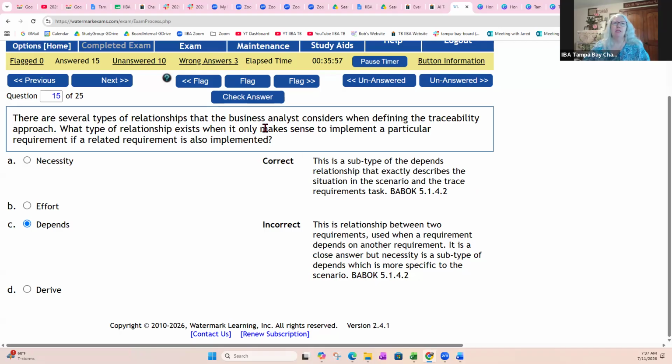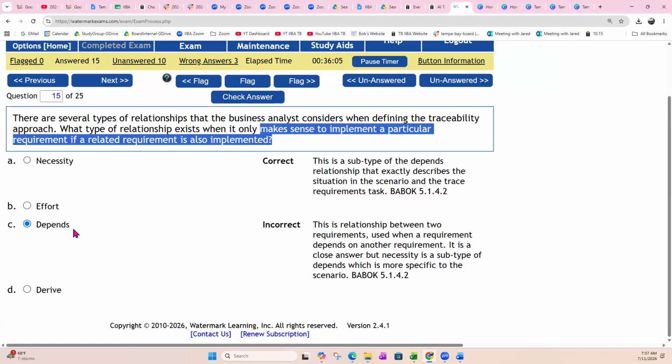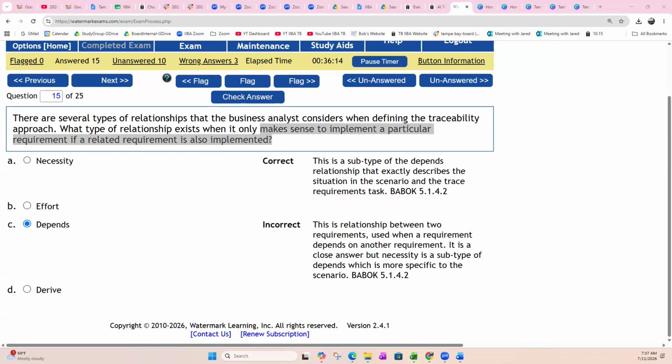So it only makes sense to implement a particular requirement if a related requirement is also implemented. So underneath depends is necessity. Let me find it real quick. It's got necessity and effort under depends.